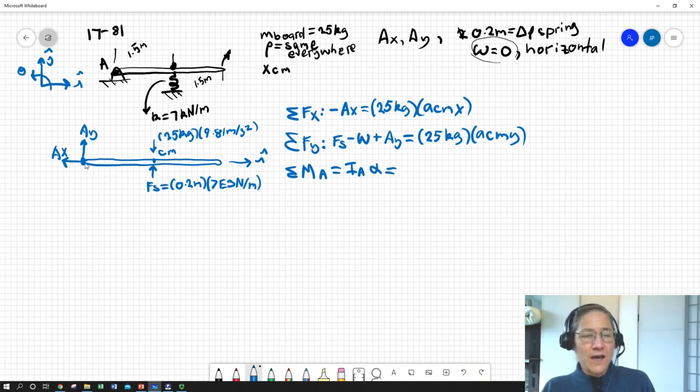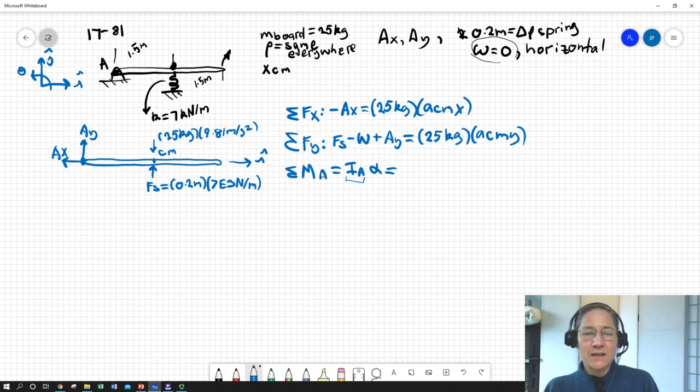Because if I take the sum of the moments about point A, I eliminate AY, I can get a number for this, calculate IA based on what I know about a uniform rod being rotated at its end, and then I can solve directly for alpha. So that's one of the things I need to know, and it is also key, with a little kinematics applied, to getting my center of mass acceleration in the two vector directions. So let's take a look at that.